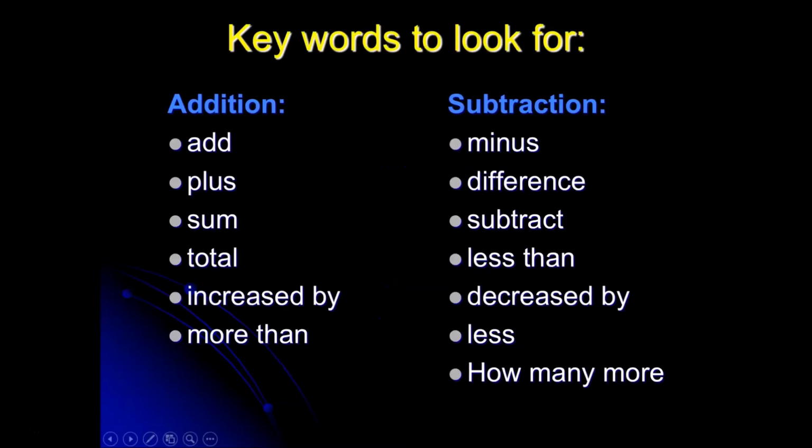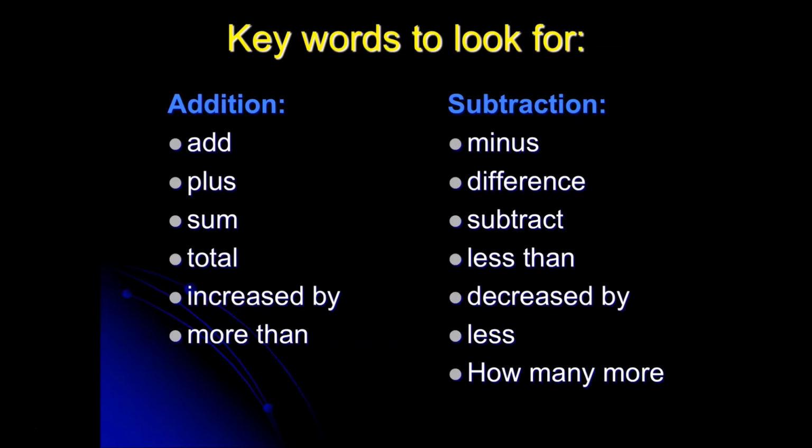Now let's move on to the keywords that are very important in both writing expressions and equations, and at the same time in analyzing and solving word problems. For addition, we have the words add, plus, sum, total, increased by, more than.